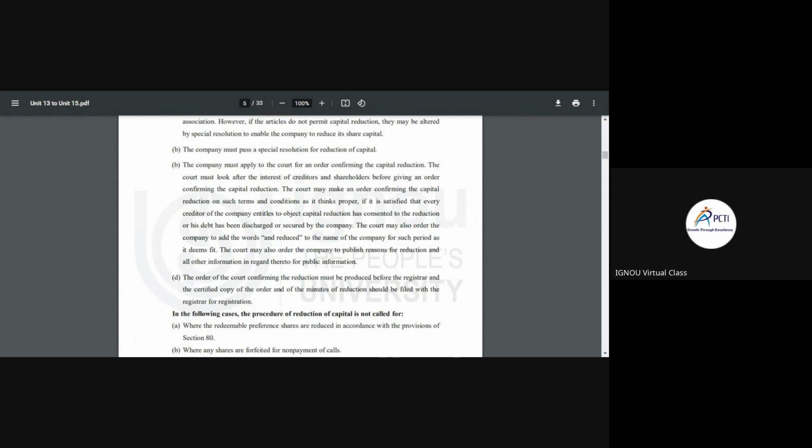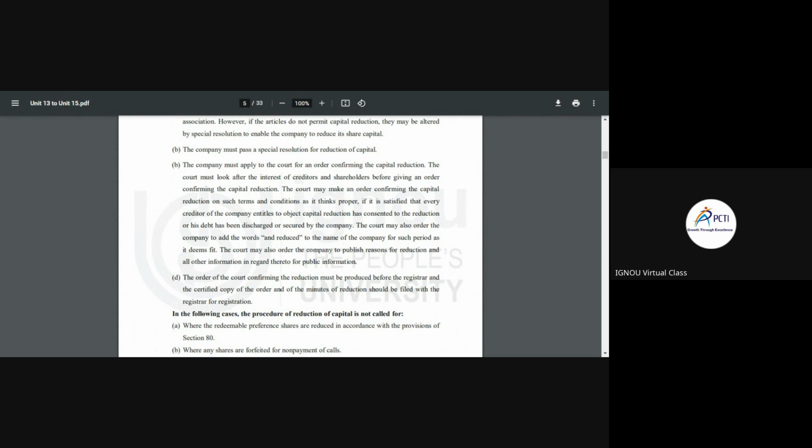If it is satisfied that every creditor of the company who is entitled to object to the capital reduction has consented to the reduction or his debt has been discharged or secured by the company. The court may also order the company to add the words "and reduced" to the name of the company for such period as it deems fit.